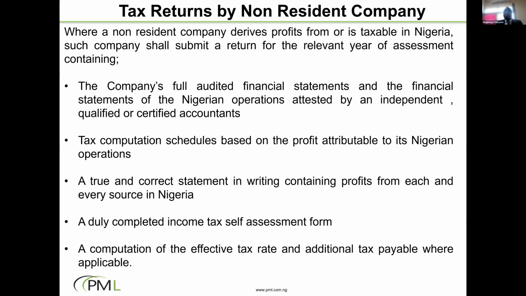Where a non-resident company derives profit from or is taxable in Nigeria, such a company is expected to submit a return for the relevant year of assessment.